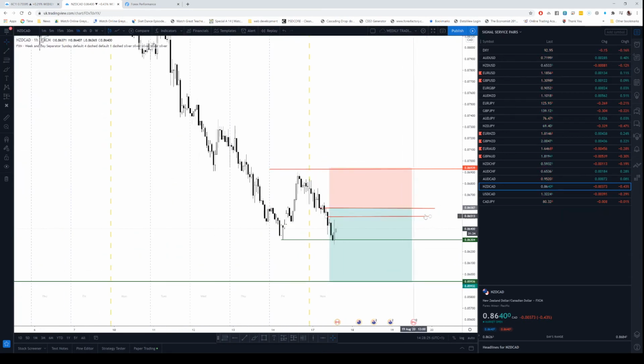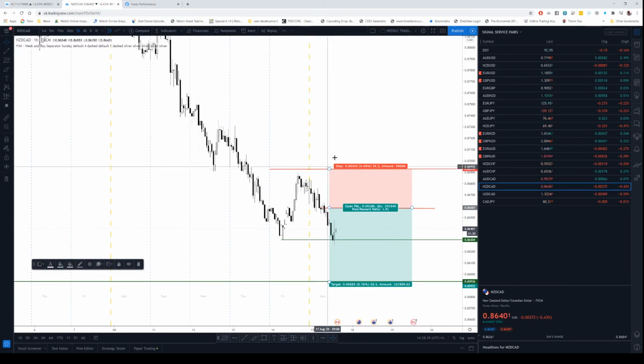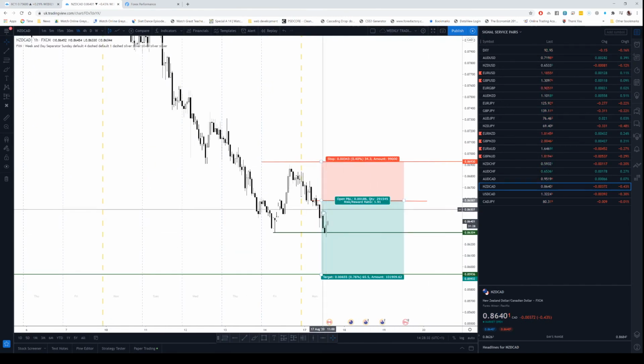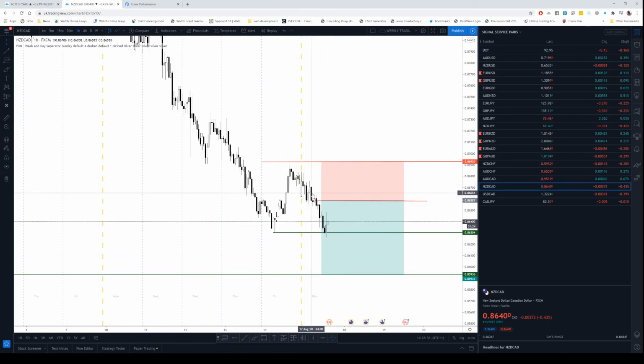Okay, let me take out this one. Something like this. Look for a sell up here, although I fancy this high and this up candle there, but that's their 50% range.